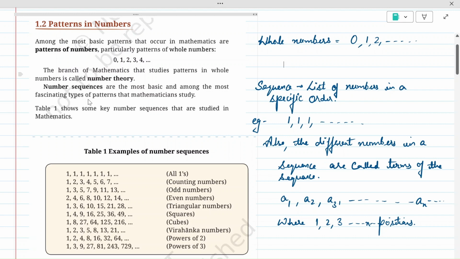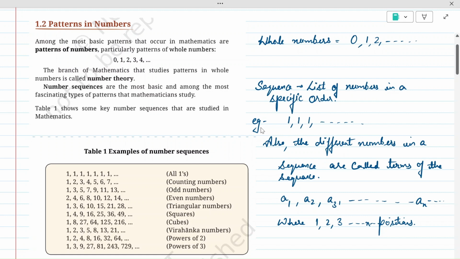Next, we have the number sequences, and they are the most basic and among the most fascinating types of patterns that mathematicians study. But what are sequences? What are number sequences? Let us see. A sequence is nothing but a list of numbers in a specific order.